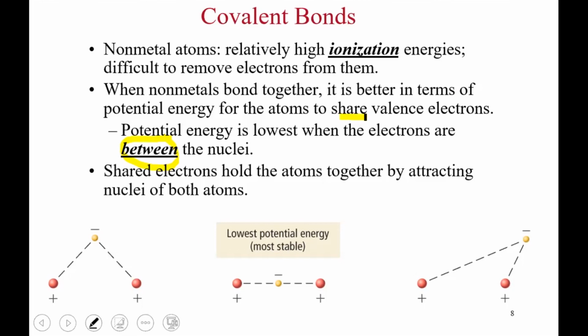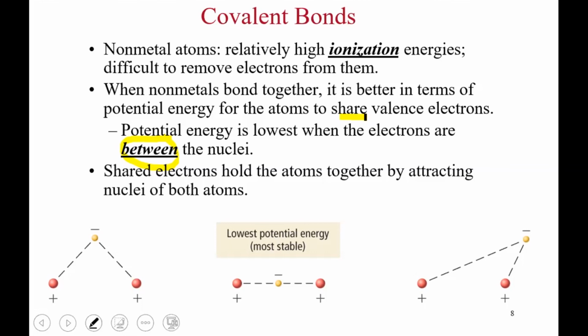Remember, the electron would benefit from being in interaction with both of them at the same time. Notice that in the diagram on the left, the electron is kind of like off to the side of the nuclei. And so it's not deriving the maximum benefit. It's a bit of a distance between the nucleus and the electron.